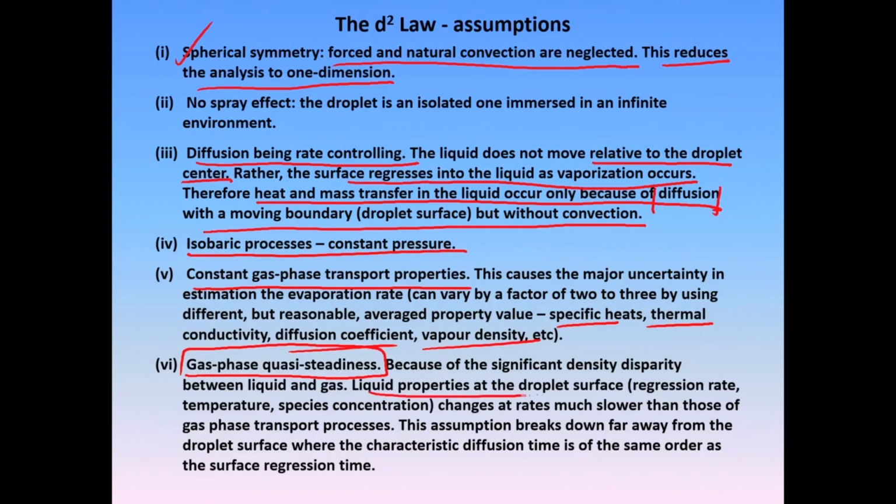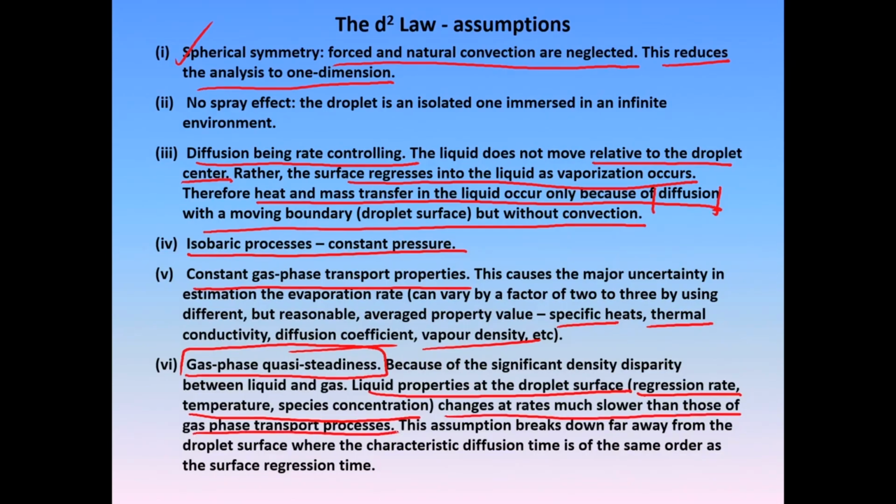Liquid properties at the droplet surface change at a rate much slower than the gas phase transport processes. This assumption actually breaks down far away from the droplet surface, we will see when it breaks down. But the liquid properties at the droplet surface, that is the regression rate, shrinking of the droplet, the temperature and the species concentration, if there is a multi-component system, change at a rate which is much lower than the gas phase transport processes.